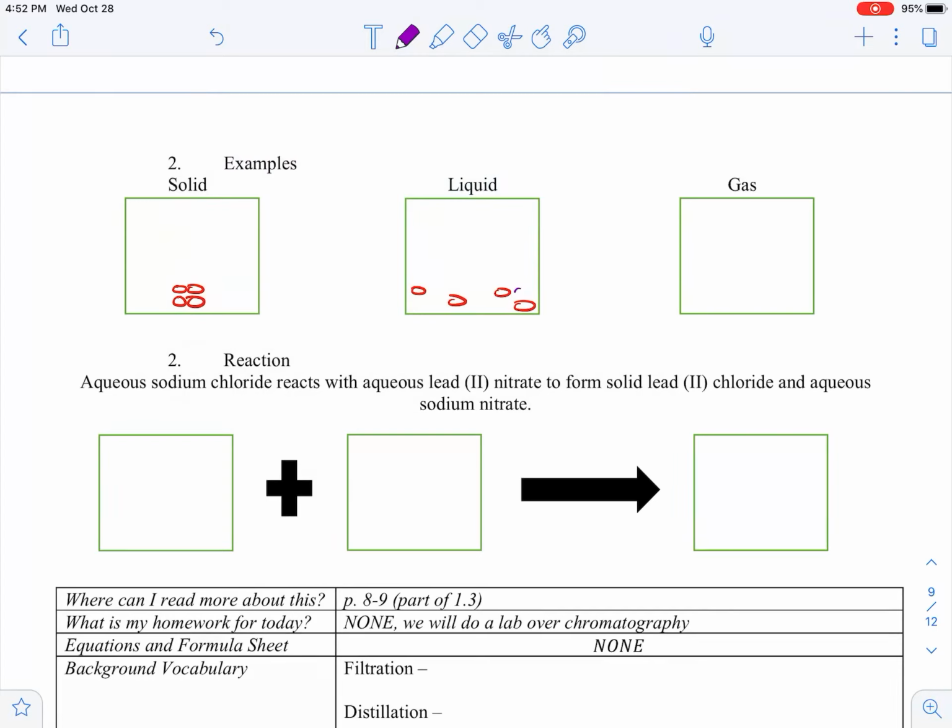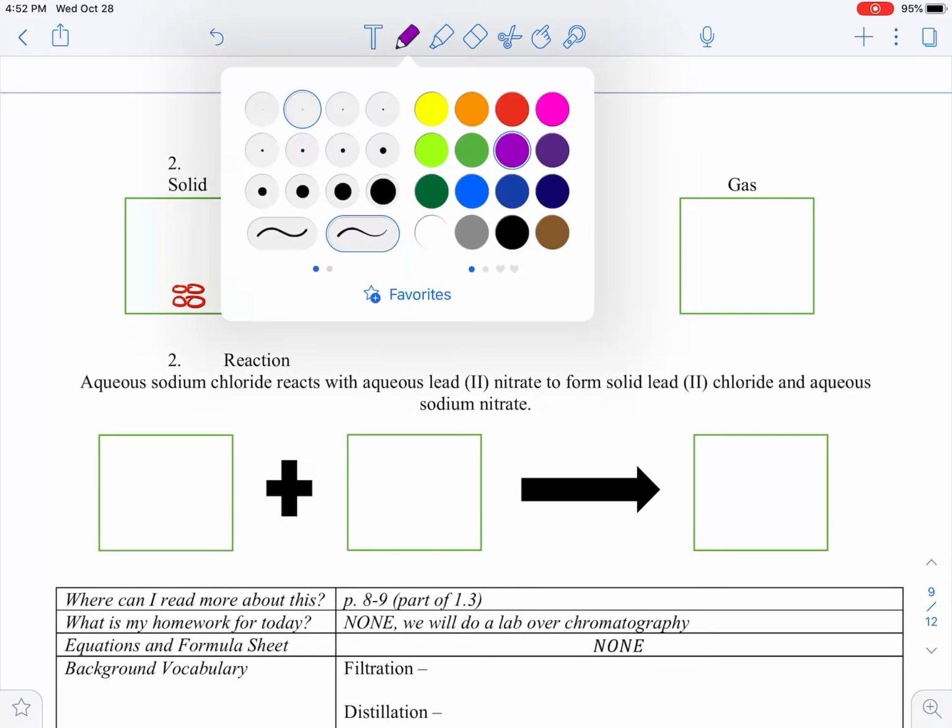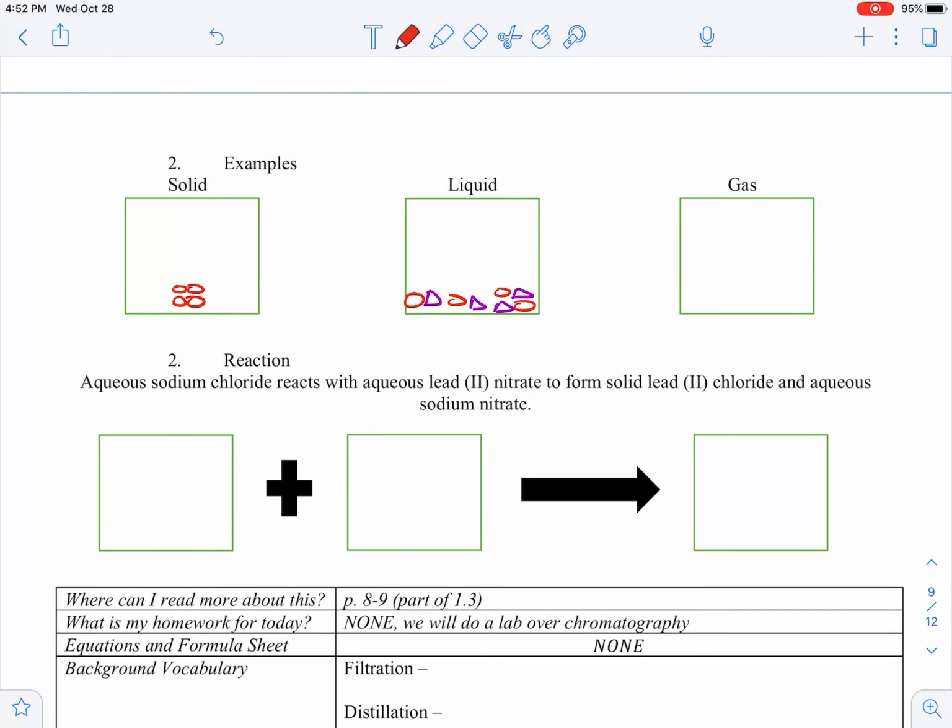Let's go a circle and a triangle as our compound all the way through. That last one looks a little rough because it's not real near the circle, so let's change that. But yeah, this one's taking the shape of a container. They're a little more spread out, and it's a compound because it's the same ratio of elements to each one.